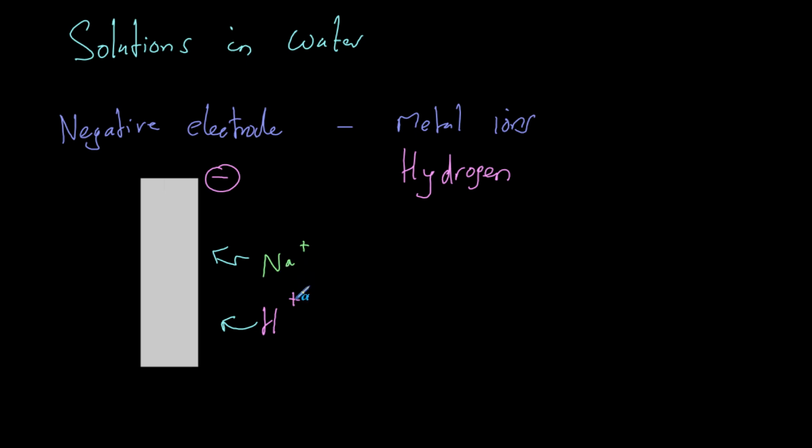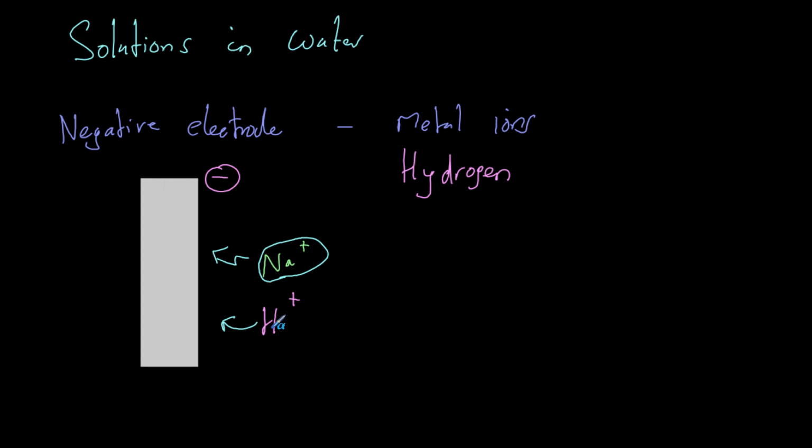So the more reactive stays in solution. If you can remember, sodium and potassium are pretty much the most reactive metals that you'll come across. They are both more reactive than hydrogen. So sodium, because it's so reactive, is happy staying in solution as an ion. Whereas hydrogen is less reactive.